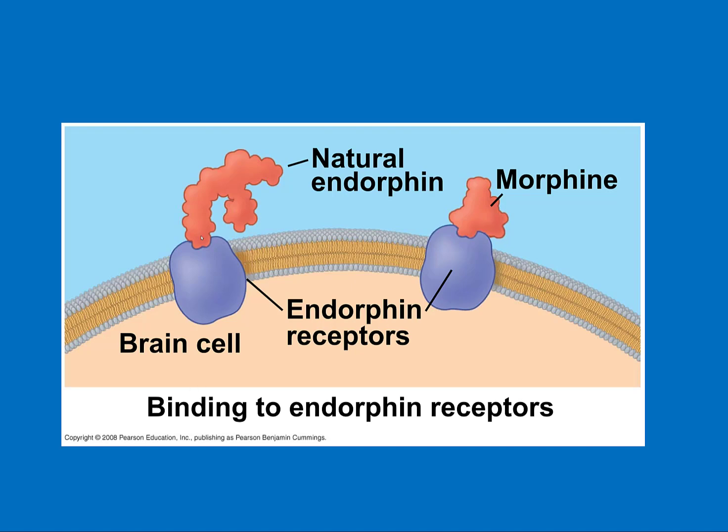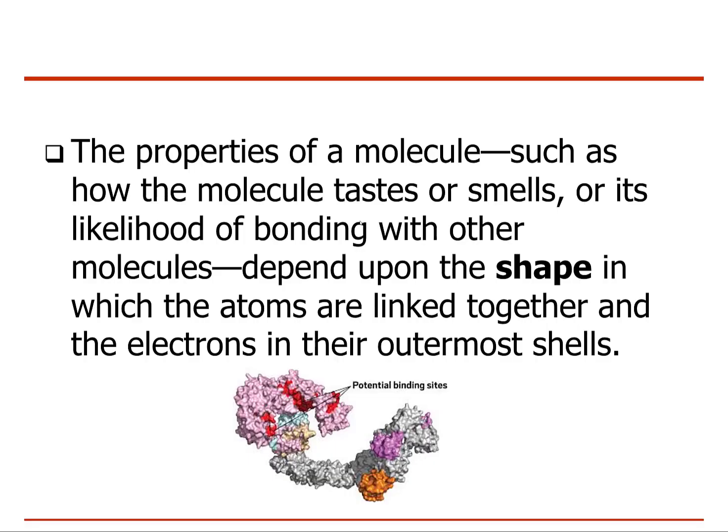This part of the molecule has the same shape and charge as morphine, and it now renders the same sort of effect. It may linger and ring that doorbell more often than, let's say, the natural endorphin, which I believe is the case. Morphine will break down. But anyhow, the summary is that the properties of a molecule, such as taste, smell, or binding with other molecules, depend on the shape and the charge.